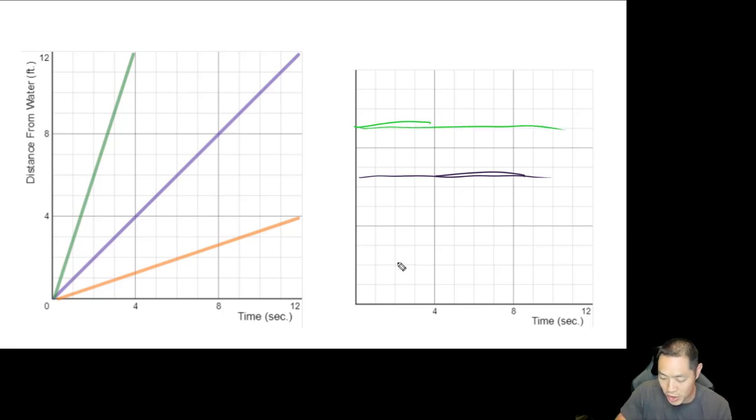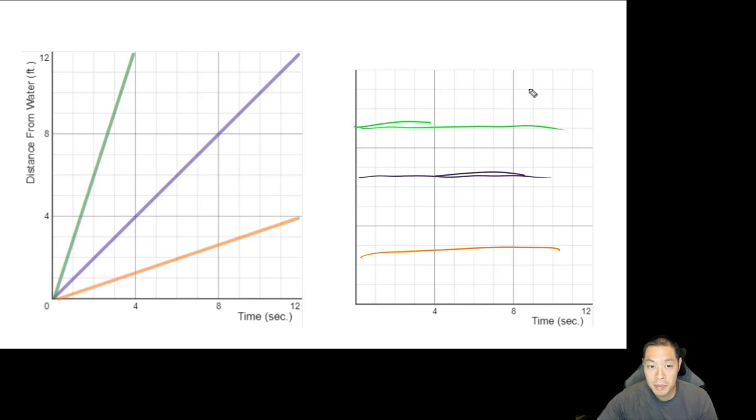And then you have orange, which is the least. Now, for a couple of our assignments, I'm not going to look for exact slope, I just want a comparison. So this one's higher, this one is in the middle, and this one is the least. But they're all positive slopes, meaning that they're going forward. So when the position graph is going forward, it's going to be above the axis on the velocity versus time graph.